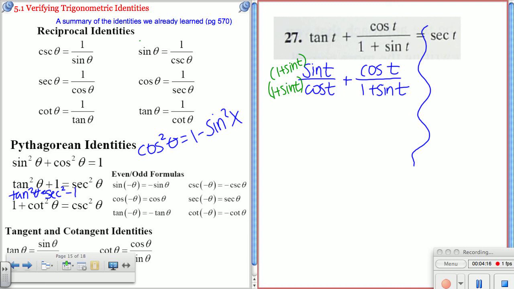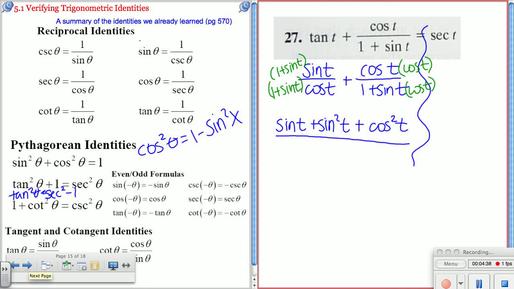And over here we're going to need a cosine. So if I distribute in the first side, I'm going to get sine t plus sine squared t plus, and in the second one I get cosine squared t. In the other one, I'm going to have cosine t times 1 plus sine t in the denominator.